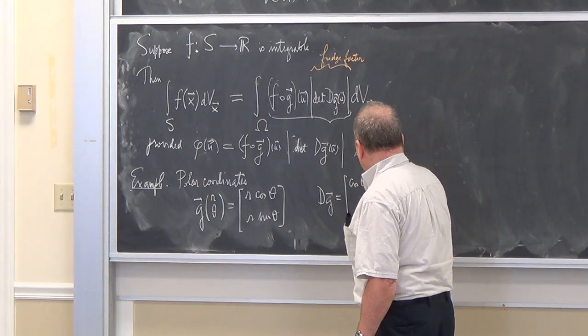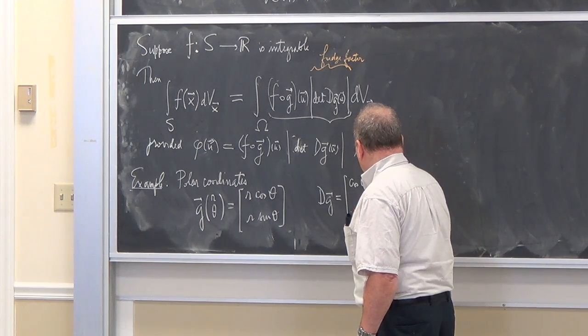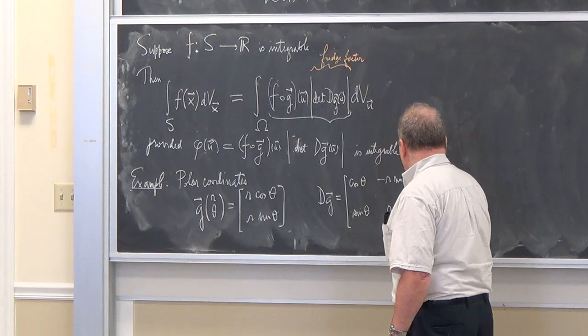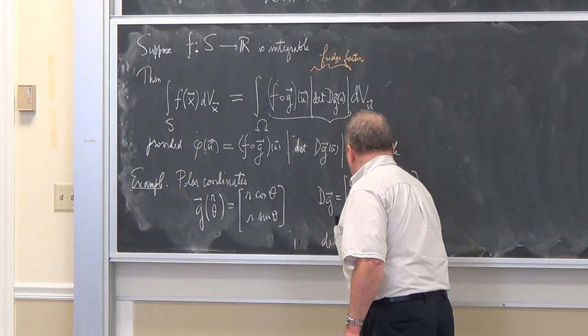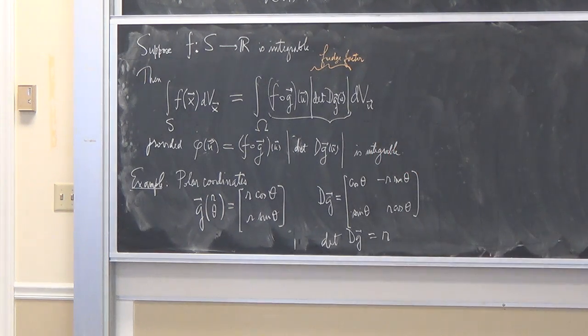You get cosine theta, minus r sine theta, sine theta, r cosine theta, and the determinant is r. So there's the fudge factor.